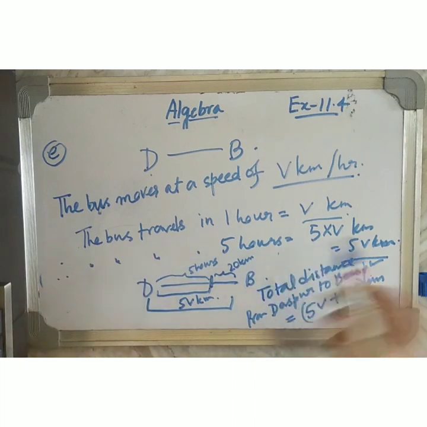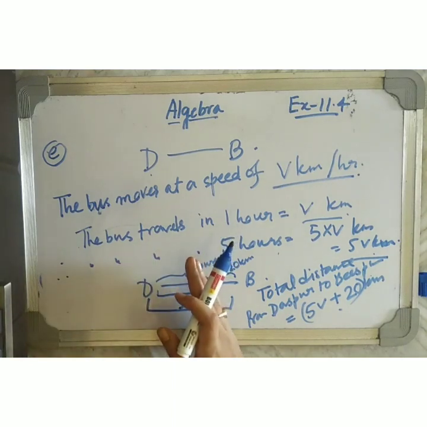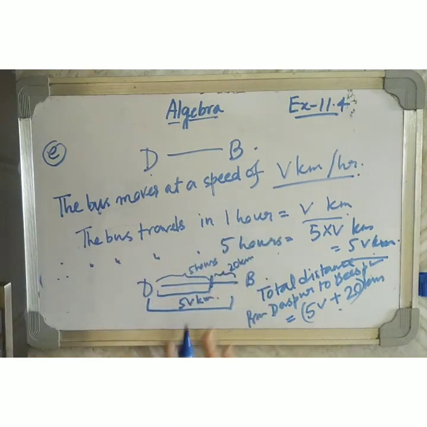In 5 hours it will cover 5 into v kilometers, that is 5v kilometers. After travelling 5 hours, still 20 kilometers are left. So 5v kilometers was the distance the bus has already travelled, and after that 20 kilometers are left. So 5v plus 20 kilometers is the total distance from Dashpur to Bispur.